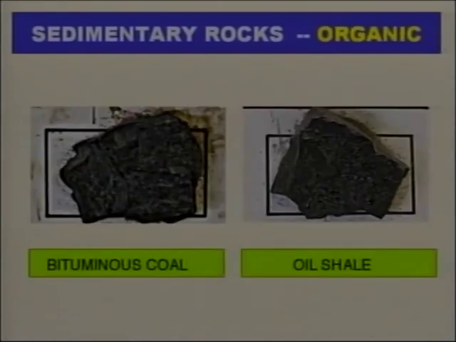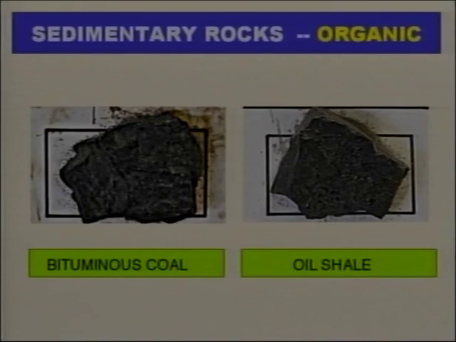Organic sedimentary rocks, coal. What is coal actually made from? Generally from plants, remains of plants mainly, over time. Remember in grade 10 we did work on the Carboniferous period, 360 million years ago, where deposits of coal were evident.